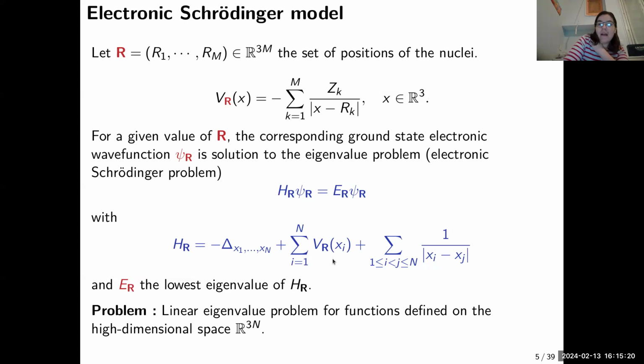Okay, but here keep in mind that what we want to do is to approximate solutions of such problems when R, the set of positions of the nuclei, will vary. Okay, and this collection of positions of the nuclei will play the role of parameters in my problem. And that's the problem for which we want to develop some reduced order modeling techniques.